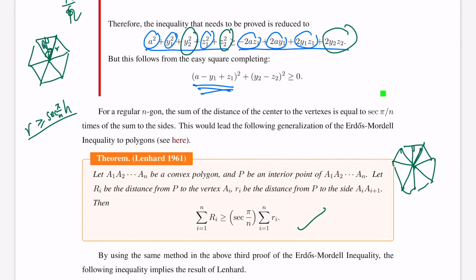This was proved by Lenhard: let A1 through An be the vertices of a convex polygon and P an interior point. Let Ri be the distance from P to the vertex Ai, and the little ri be the distance from P to each side.